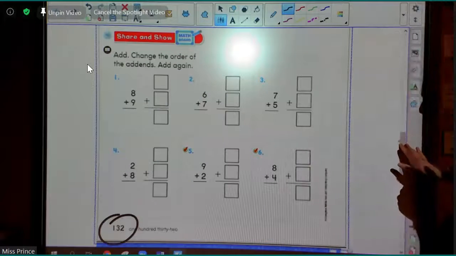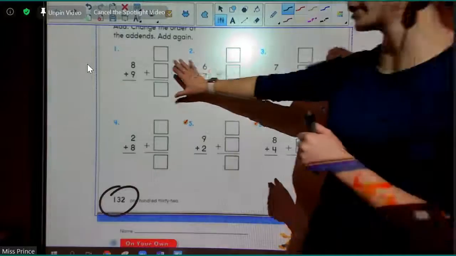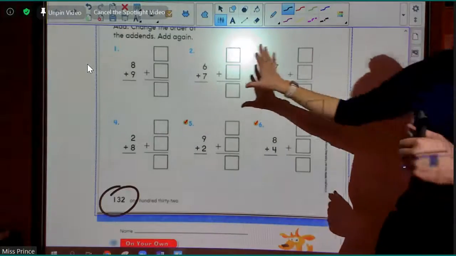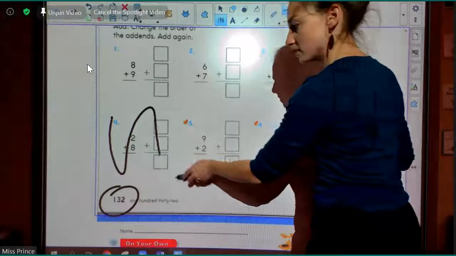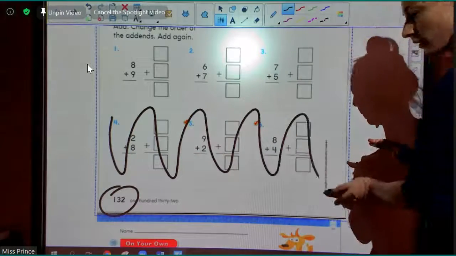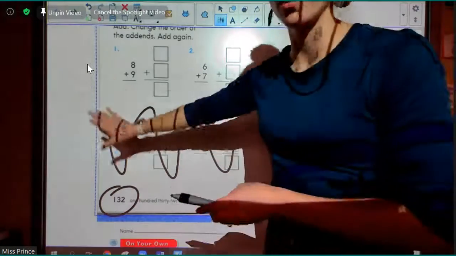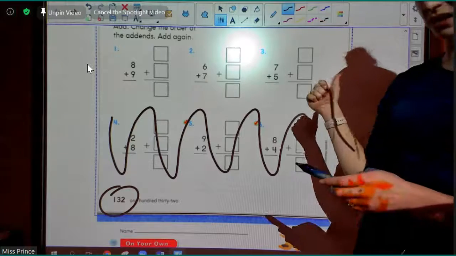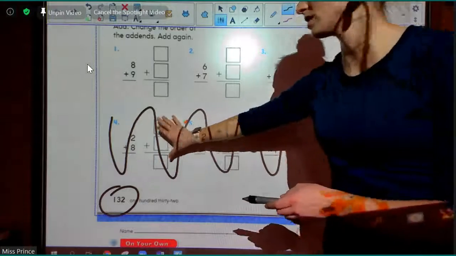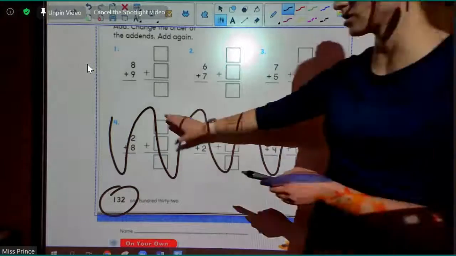This next part, we are just going to be doing the top because we want to make sure we have enough time to get all the work done. So go ahead and cross out these because we are not going to be doing these ones right now. We are going to do these 3 and then we're going to move on to the next page because we don't have a ton of time. So go ahead and cross out those ones and we're just going to do the top one.